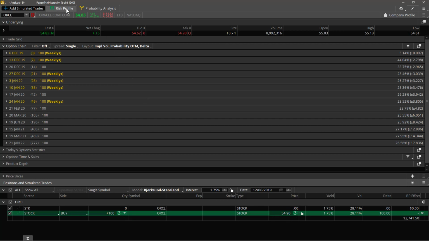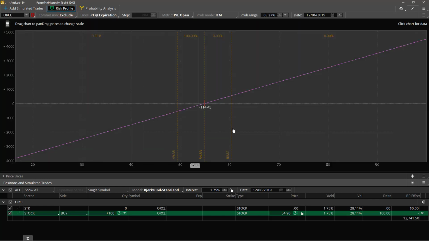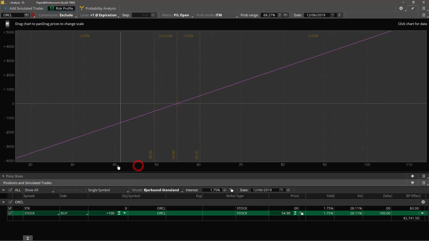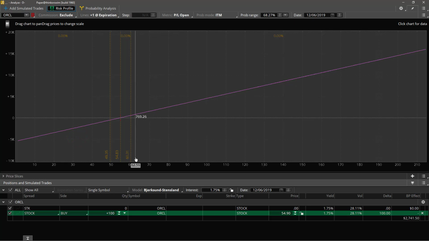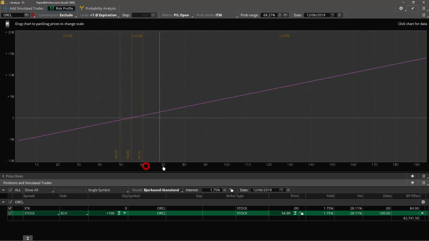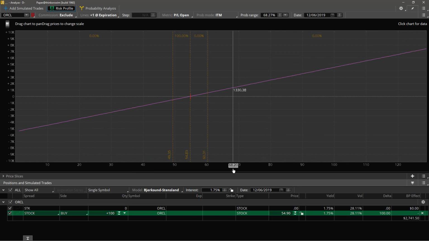Now, if I go back to the risk profile and take a look at the risk profile of those shares of stock, it looks like this. This is very simple to interpret.